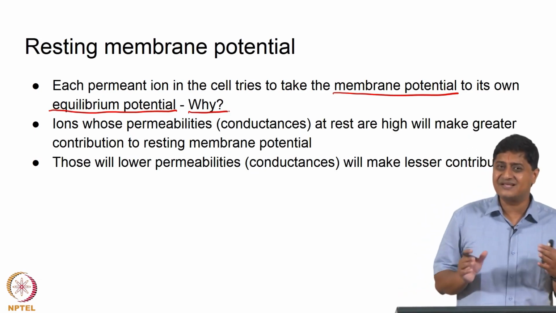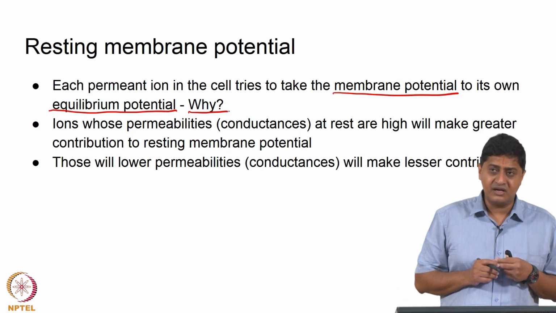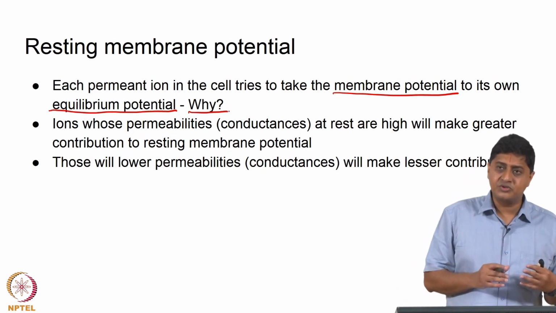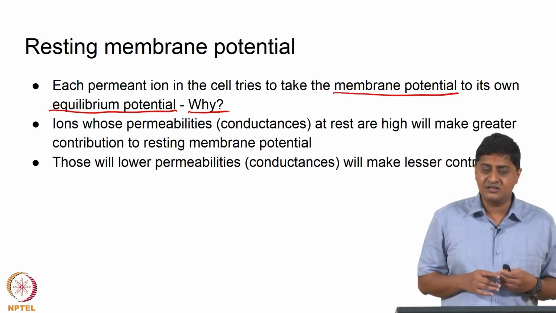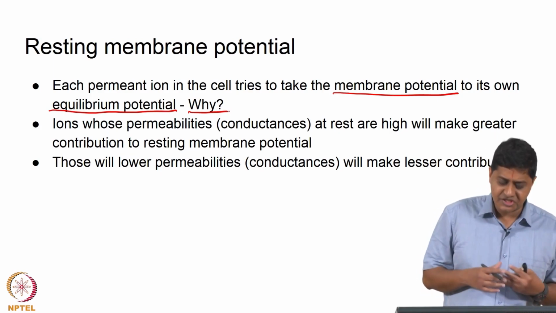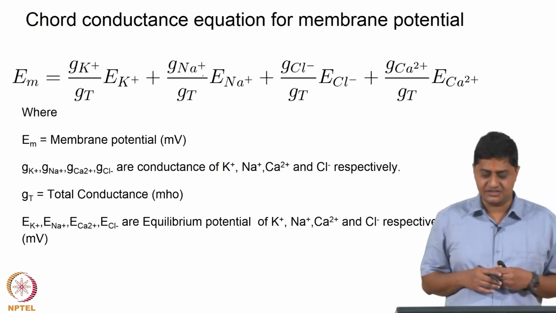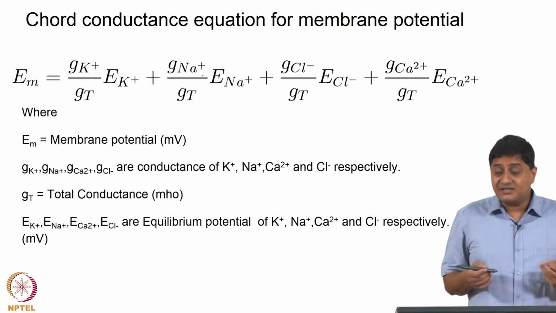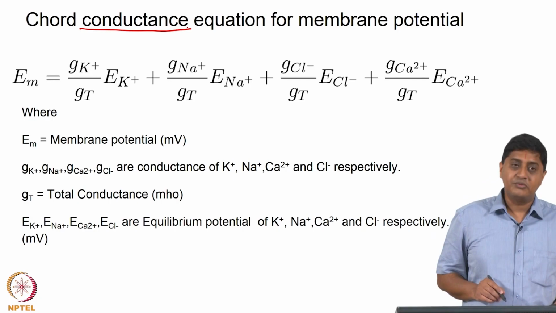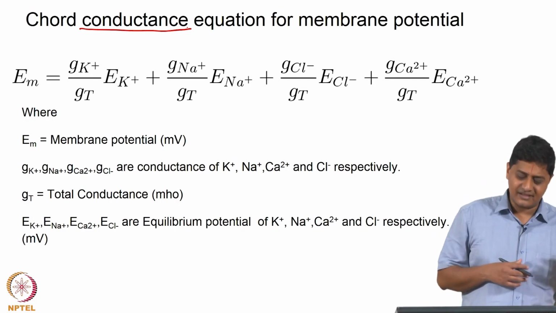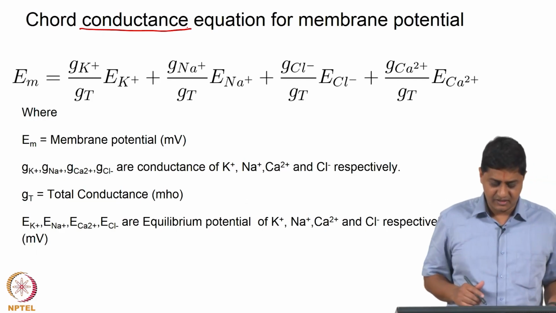So it seems like there is a net permeability for the biological membrane, and different ions contribute different amounts to these permeabilities. If we could somehow come up with an equation, a relationship between them, that would be good, and that is the Chord conductance equation. Except that in the Chord conductance equation we are talking about conductance and not permeability, but we said these are similar quantities but not the same, obviously the units are different.